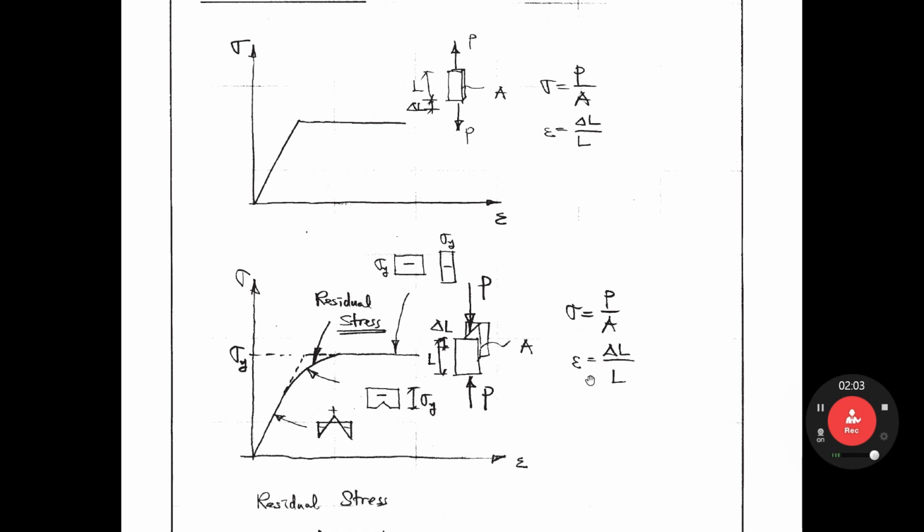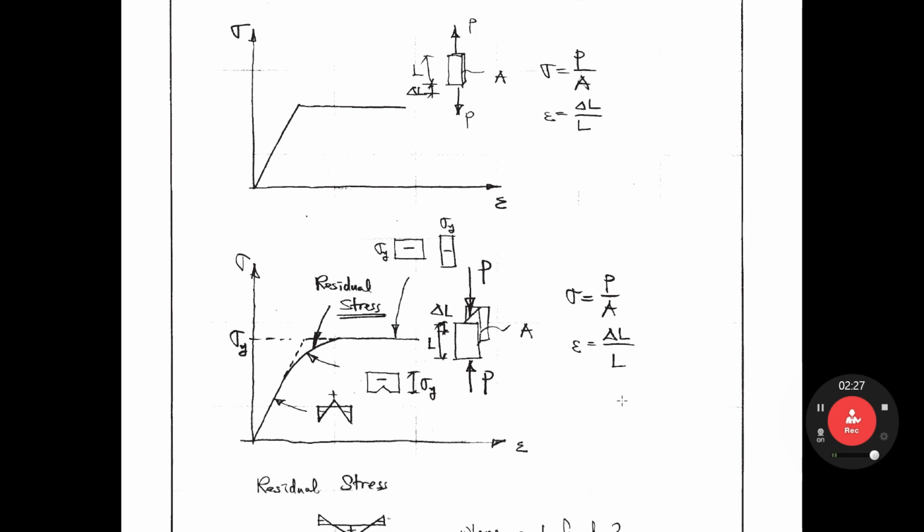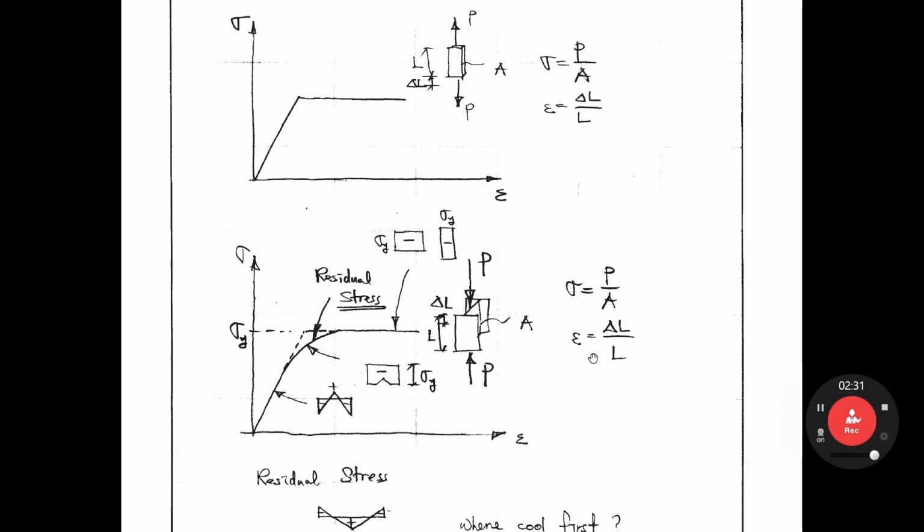The epsilon equals delta L over L. We apply some axial compressive force, but if we apply tensile force, we have the same result. So we can draw the stress-strain relationship like this. The curve goes up to here, and then it is no longer a straight line. It curves like that. Why?